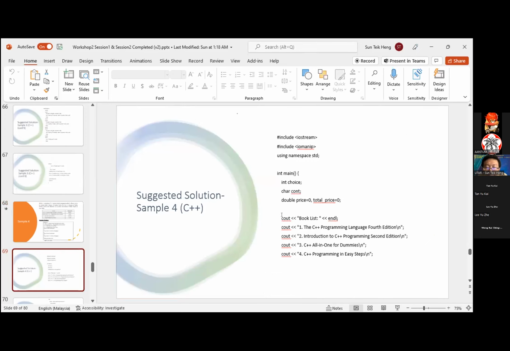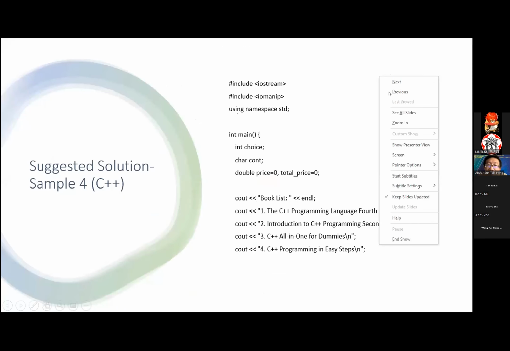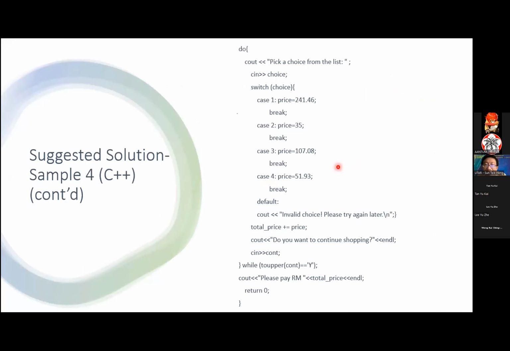We display the menu. We have the cout here to display the menu, and then after that, you can see we have this do while loop.